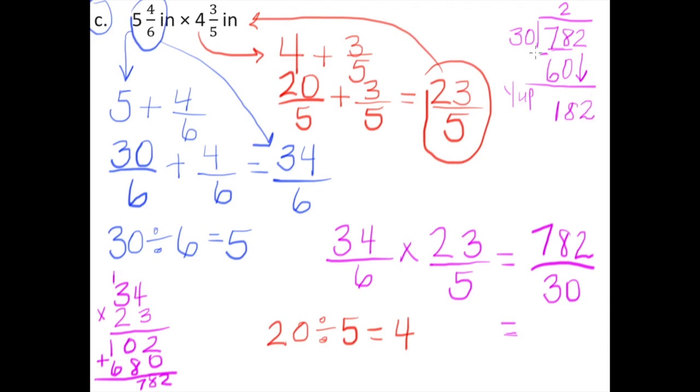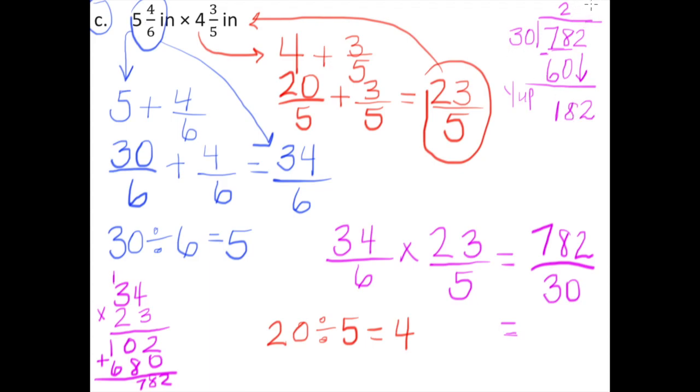And now we need to think about, how many 30s fit into a 182 with some left over? Well, I'm just going to look at the first digit. I know that 3 and 18 are really friendly. I know that I can fit 6 3s into 18. So we're going to use the same knowledge for 30 into 82.